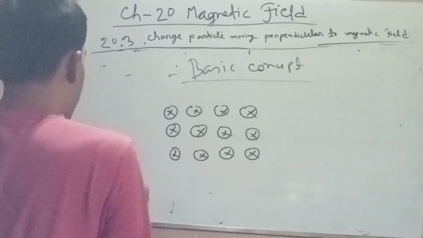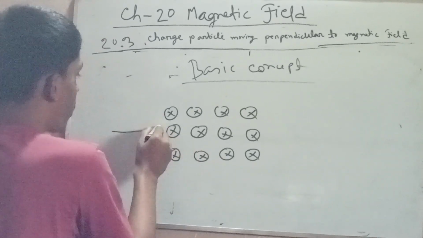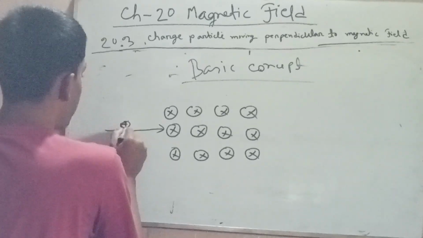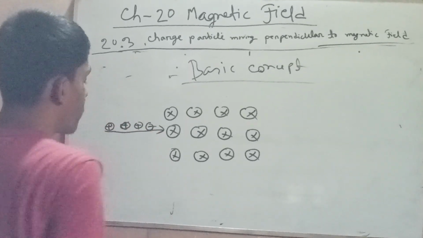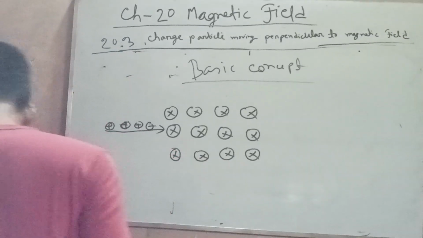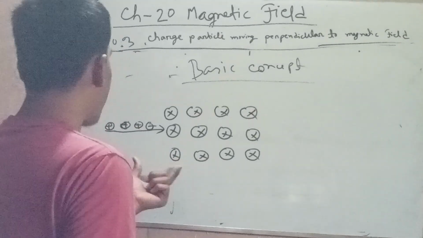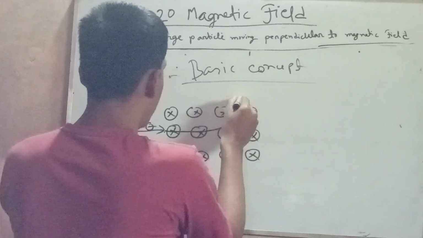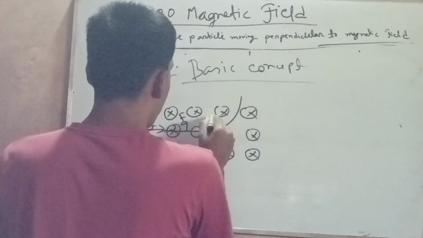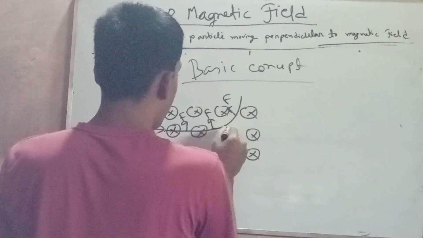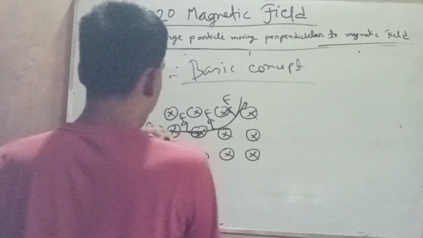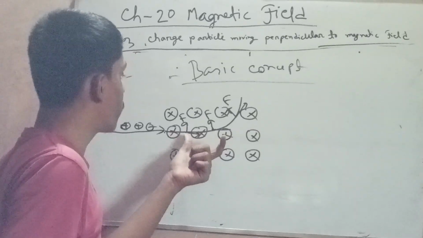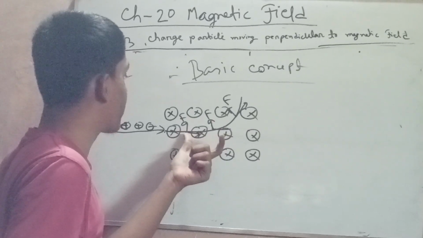If a beam of positively charged particles, that means the direction of current, enters the magnetic field at 90 degrees, then a force will be applied on the beam of particles.